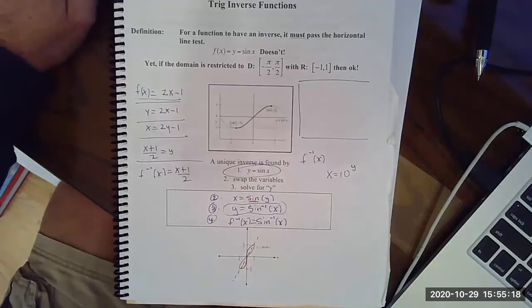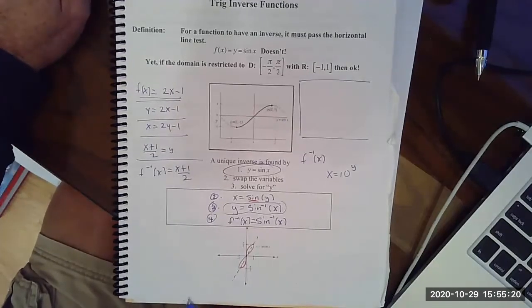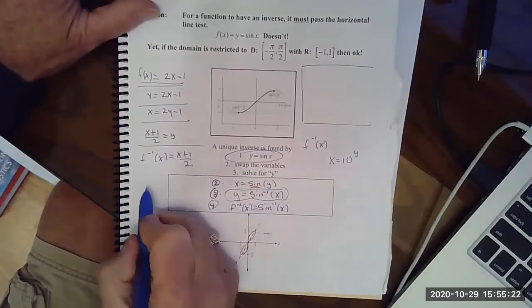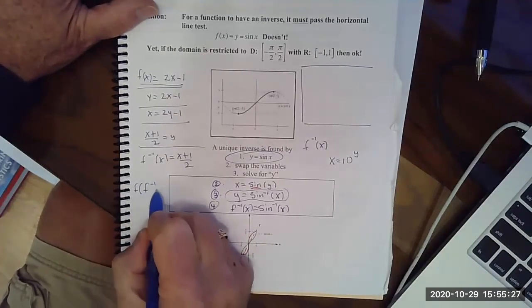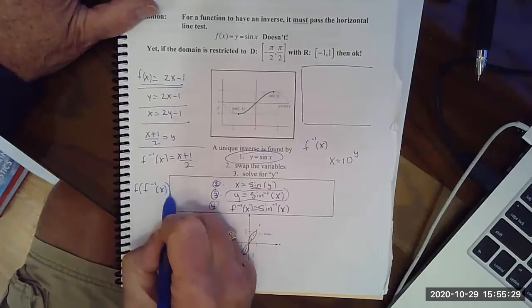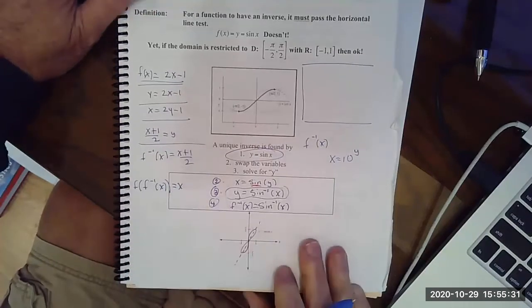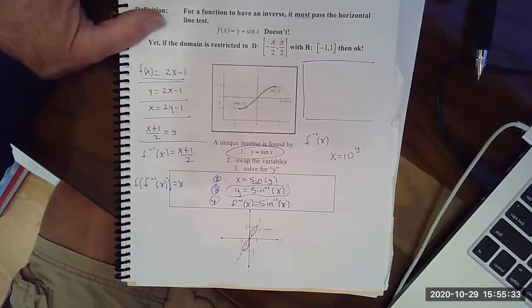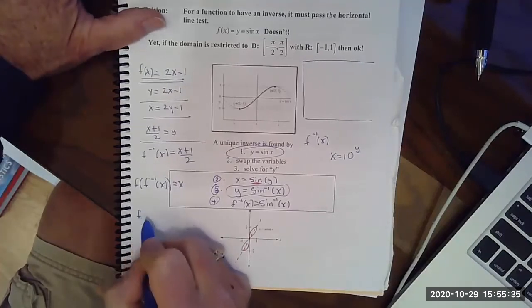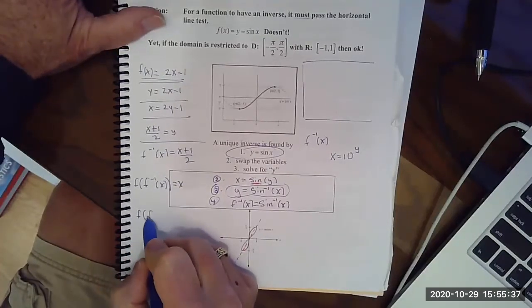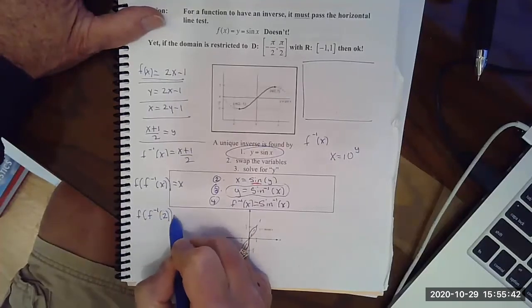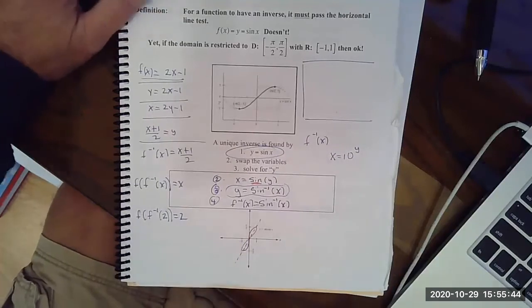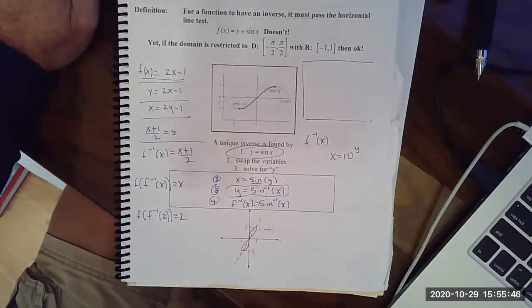Now, here's the thing about the composition, because I'm leading up to the trig. If I do f of f inverse of x, hopefully you remember that's just the argument x. So if I did f of f inverse of 2, the answer better be 2. How do we do that?